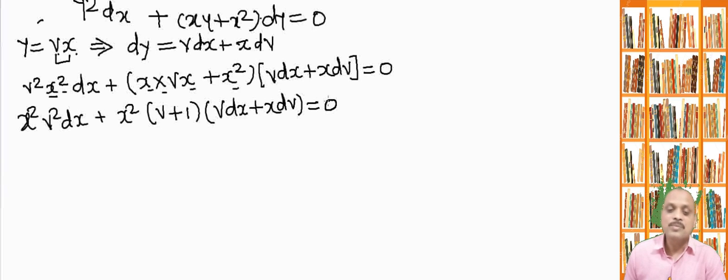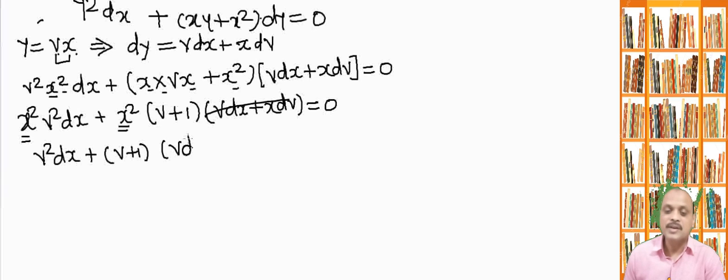Now from these two terms let us take x square common. Here is x square, here is x square, x square common and cancel, right? So we get v square into dx plus v plus 1 into v into dx plus x into dv equal to 0.